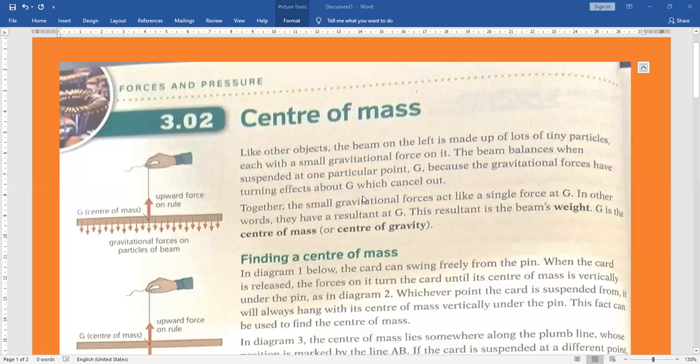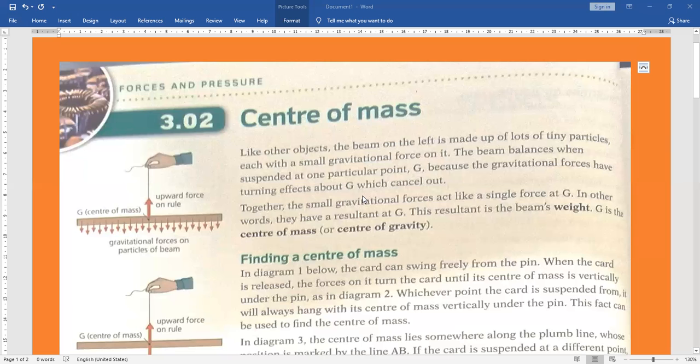When you find the exact point G, there is no turning effect. It will not go in the anti-clockwise direction or in the clockwise direction.